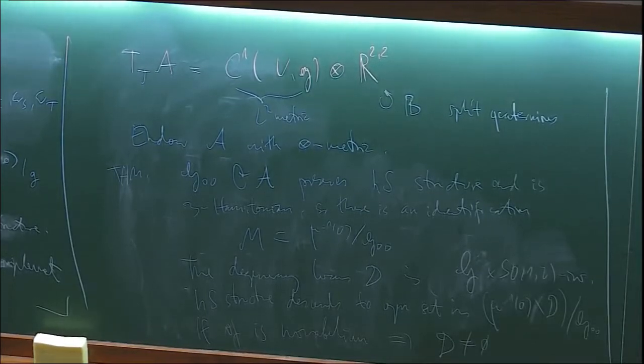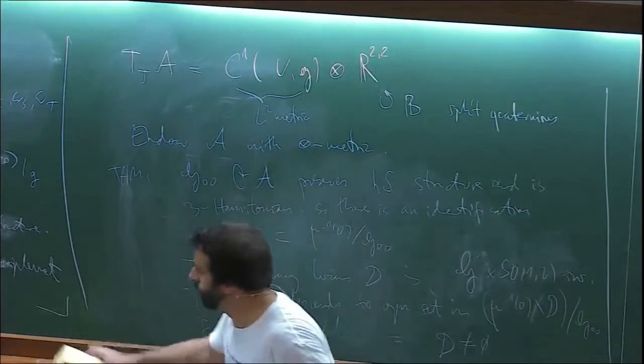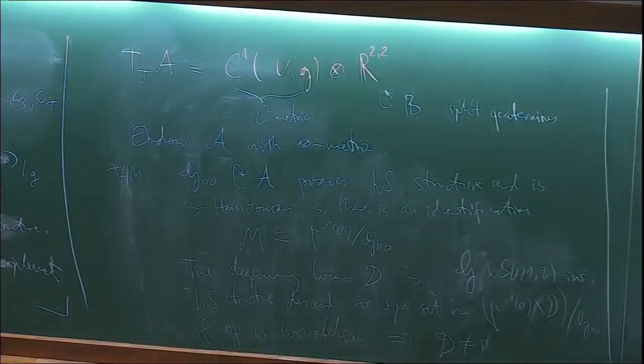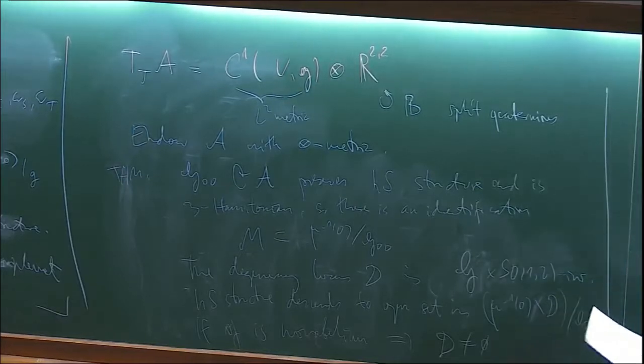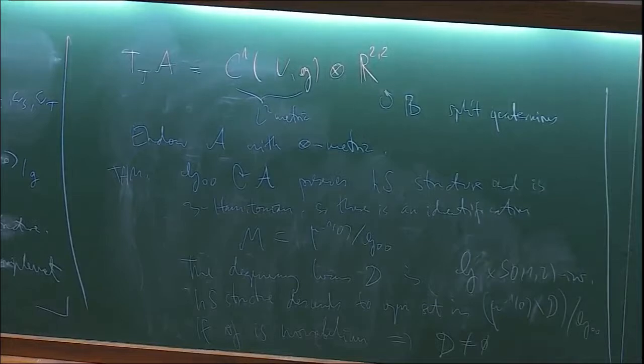And maybe what is worth writing down is that there is some kind of description, at least a local description, of the geometric structures. So geometric structures can be identified locally as follows.